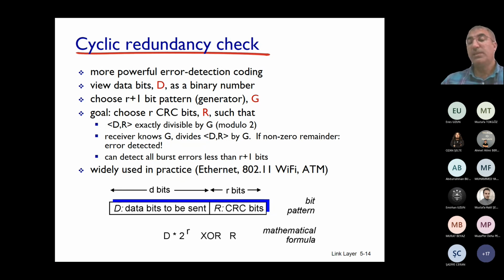Once we obtain the CRC, we add these CRC bits to the frame, and we send them along with the data to the receiver. This is a very popular error detection coding that is used in many technologies, such as Ethernet, Wi-Fi, ATM, and so on. And this can detect all burst errors of fewer than r+1 bits.